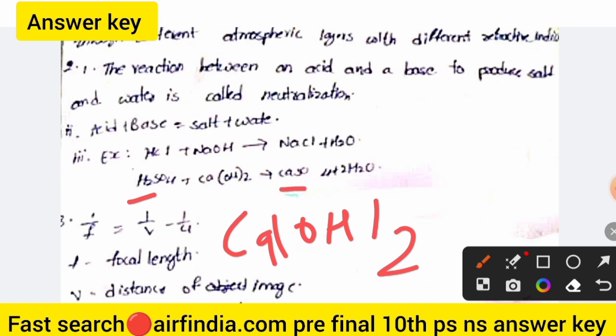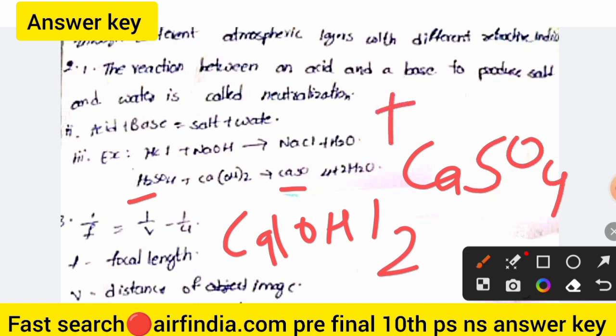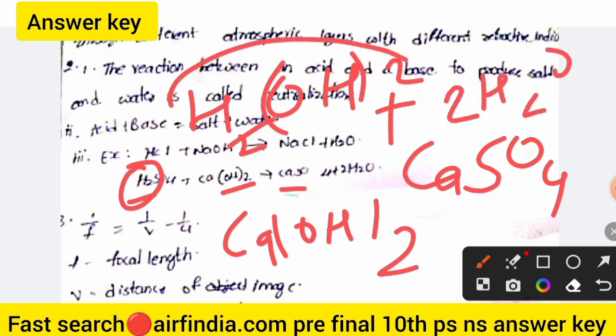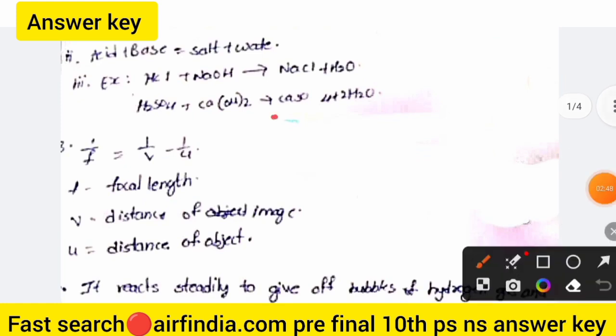So here it gives CaSO4, calcium sulfate, plus here 2H and two OH. So it combines into 2H2O, with 4H and 2 oxygen, so it combines. This is your answer here, CaSO4.